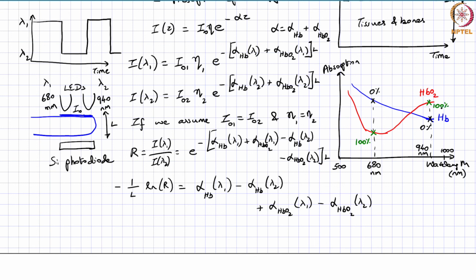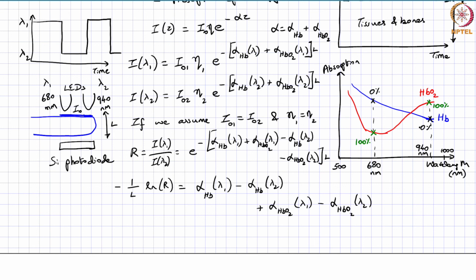Okay, and anything in between, you will have some other value over here and some other value over here. So based on that, the ratio is going to change. So you can calibrate all of this, and then you can say that this is the level of oxygen saturation that you have.